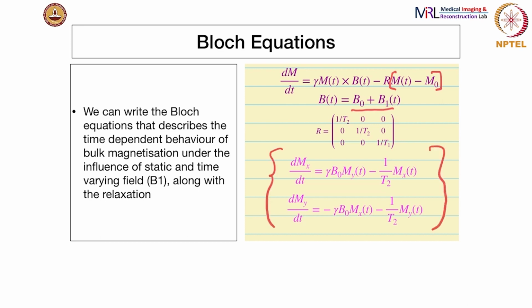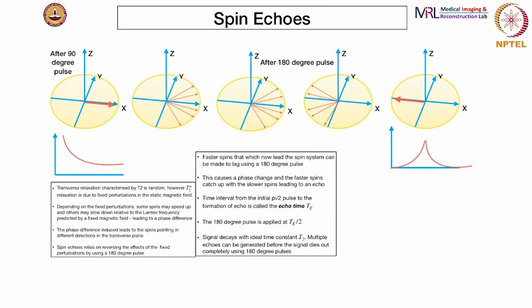These are two differential equations that show how Mx and My evolve in the presence of B0 and B1, and this is after B1 is removed. How does it behave after B1 is removed? That's when we start the imaging process, correct? These equations then determine your source of contrast, what your signal depends on, and so on. So these are used to figure out different types of imaging tricks, called sequences in magnetic resonance imaging.